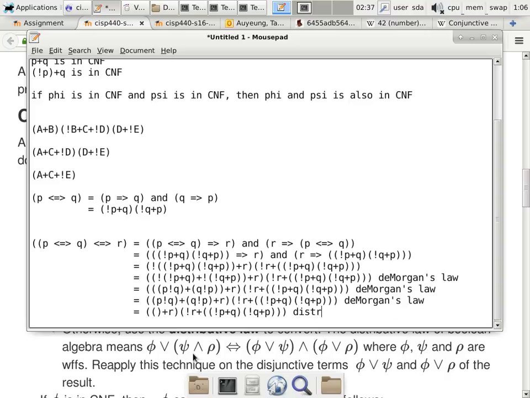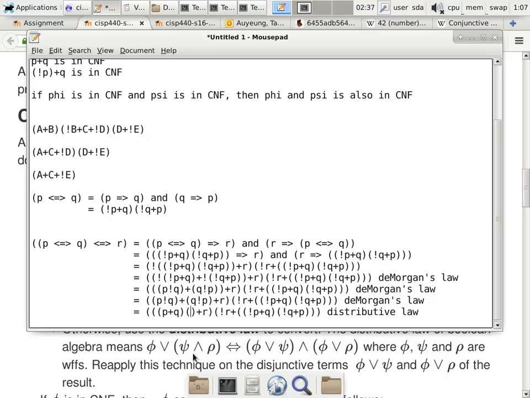And this is using the distributive law. So what do we end up with in this case? We'll end up with P or Q, which is 1, right?